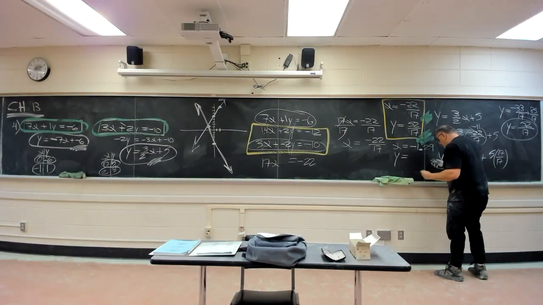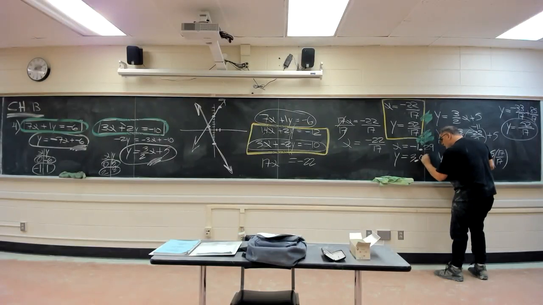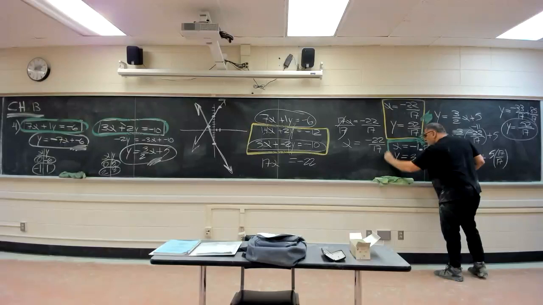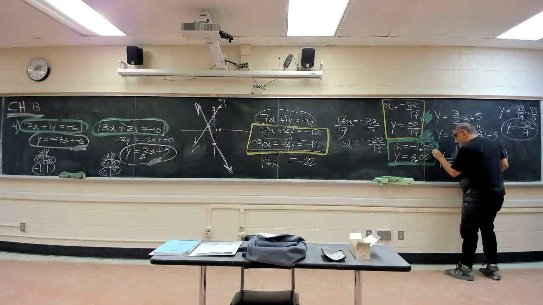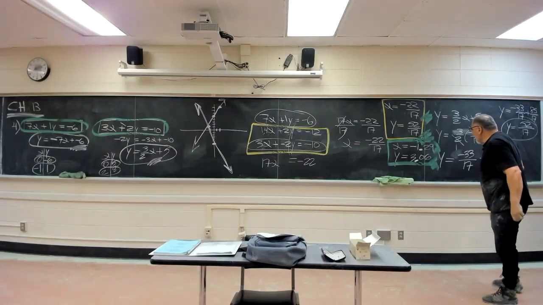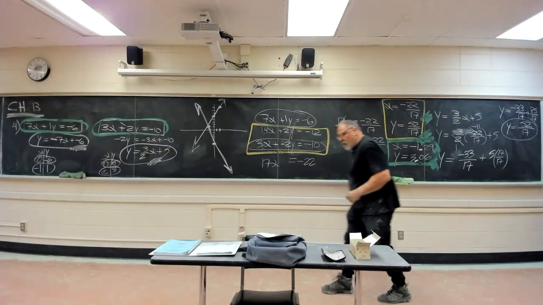The 5 goes up to a 6 because there's 88 right next to it, so that's 3.06. Again, you can write it as an ordered pair.